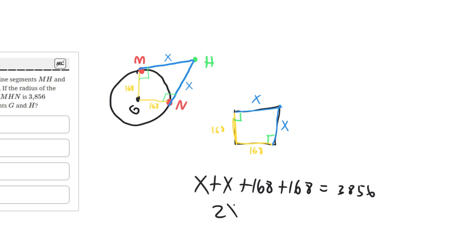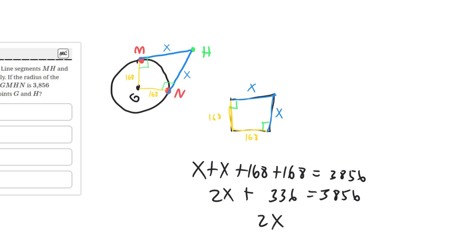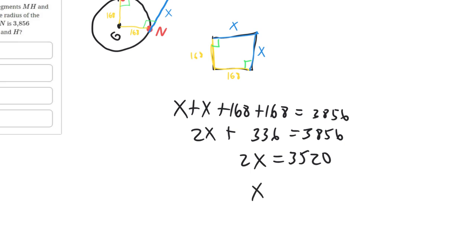So we have 2x plus 168 plus 168, which is 336, equals 3856. 3856 minus 336 is 3520. Divided by 2 is 1760.